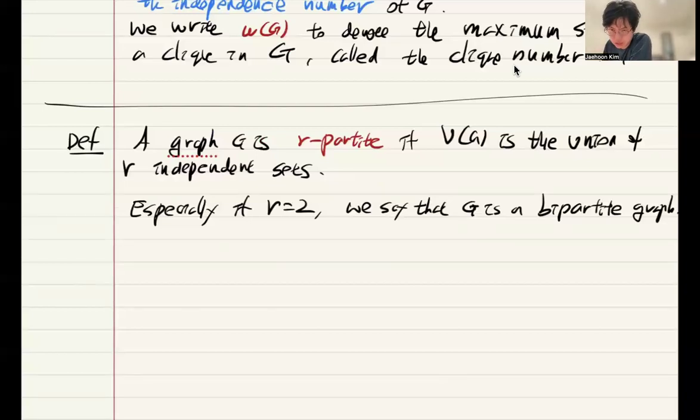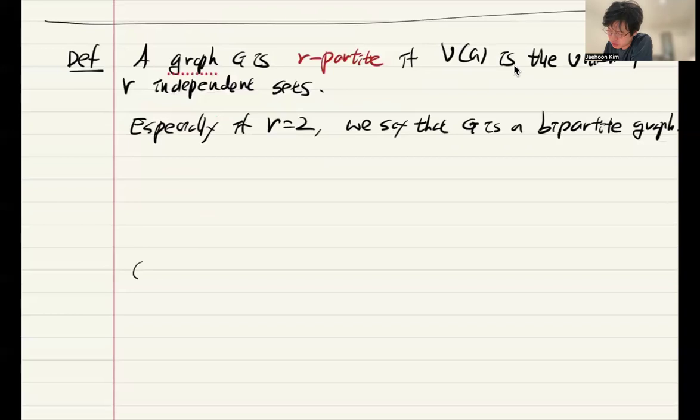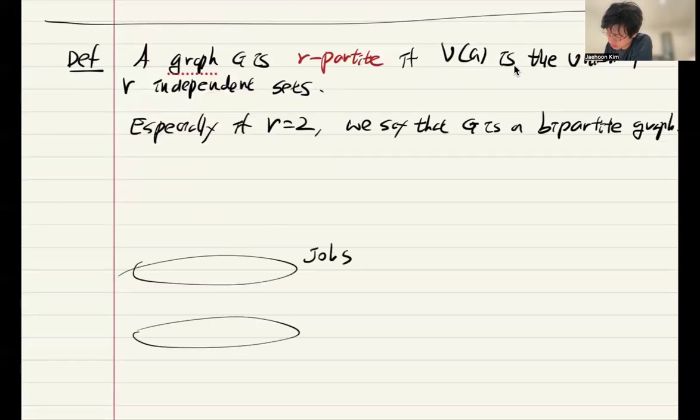And this bipartite graph is important. For example, in the previous example, if there are jobs and applicants, the candidates, then we were adding edges if a candidate is capable of doing a job. There, we have this bipartite structure because jobs cannot be capable of doing other jobs, and a candidate is not capable of doing another candidate.